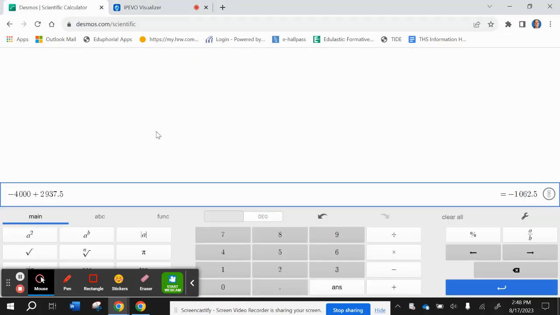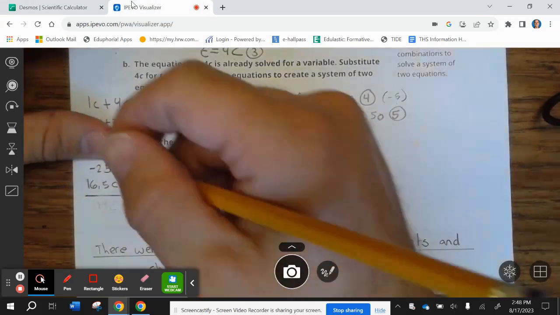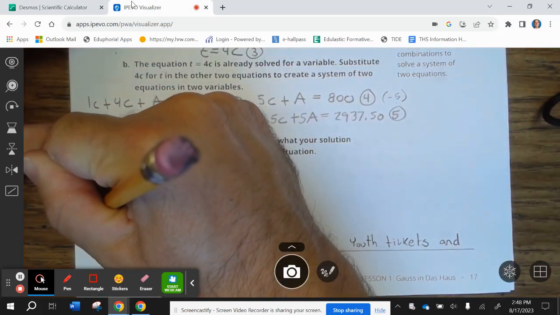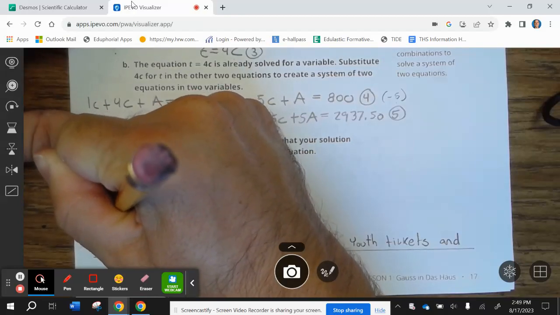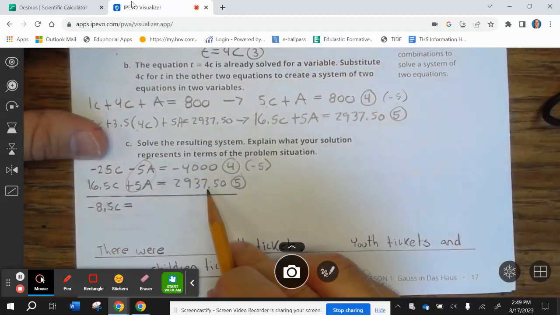So negative 25 plus 16.5 is negative 8.5, equals, and then now we need to combine these.